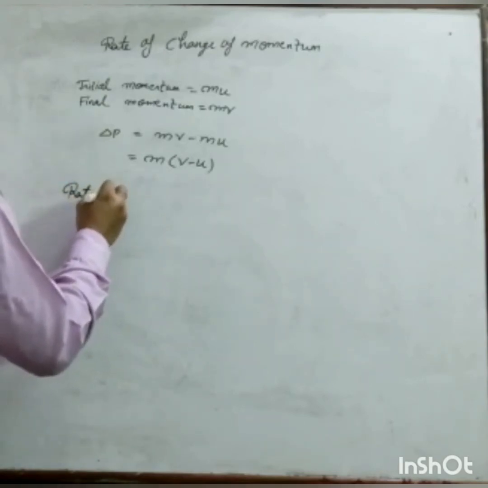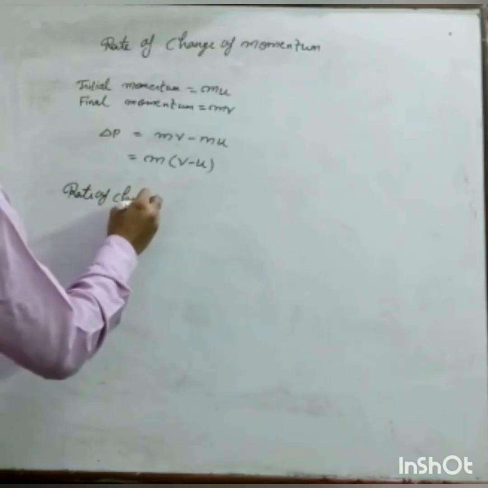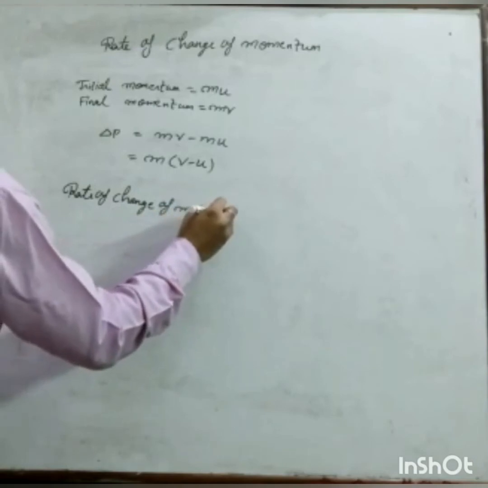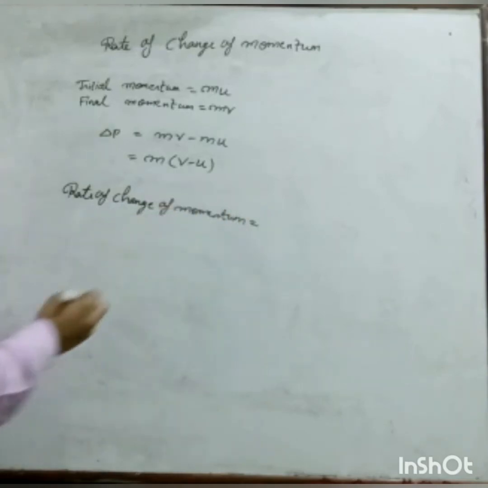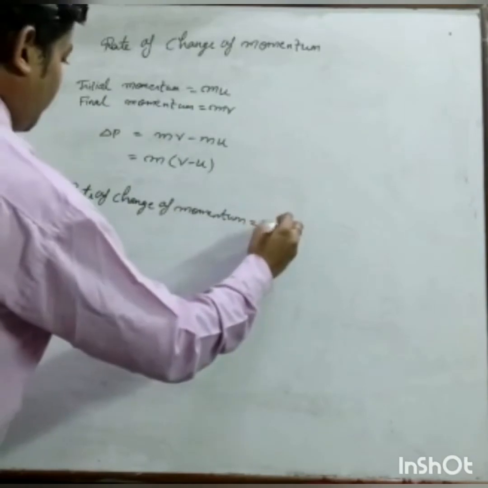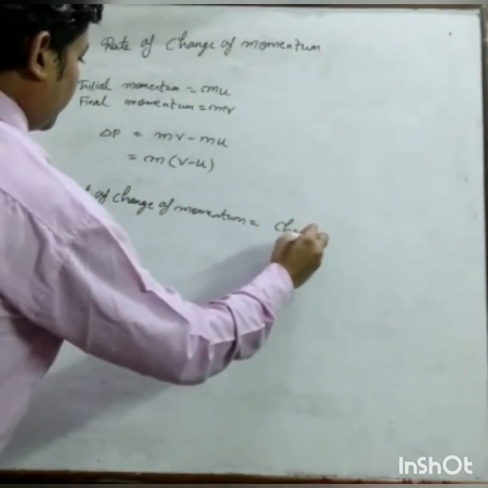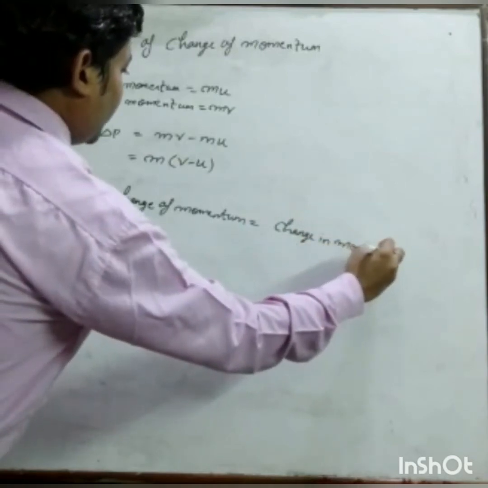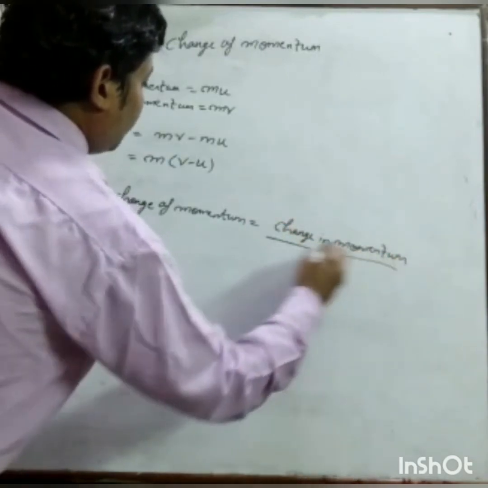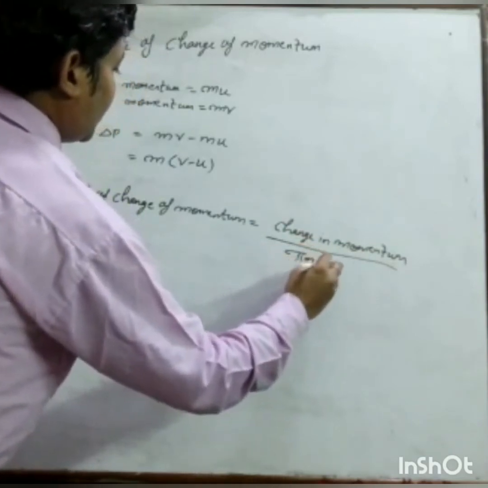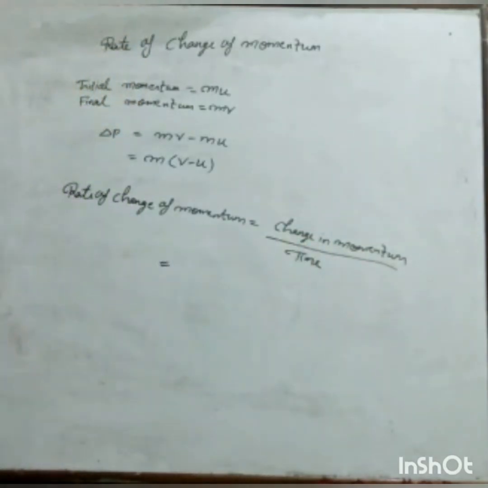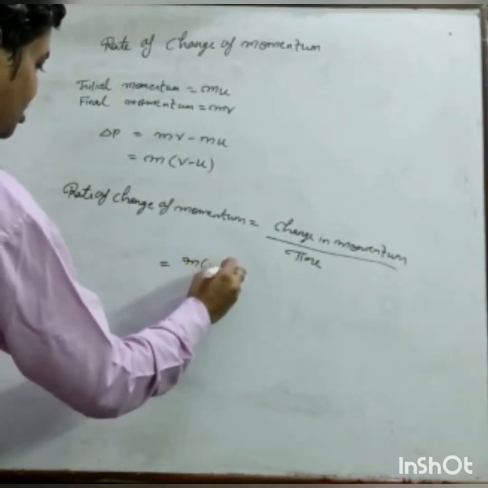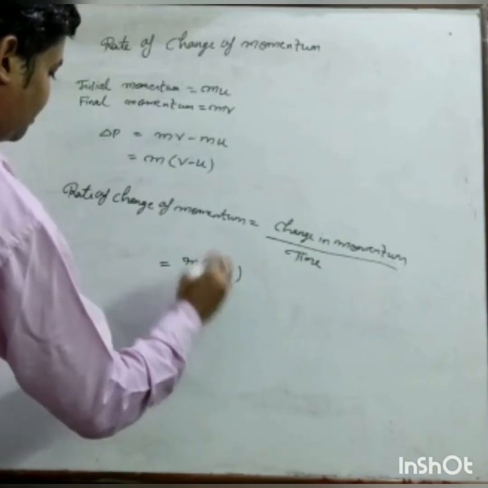The change in momentum is m times v minus u, and the time is t.